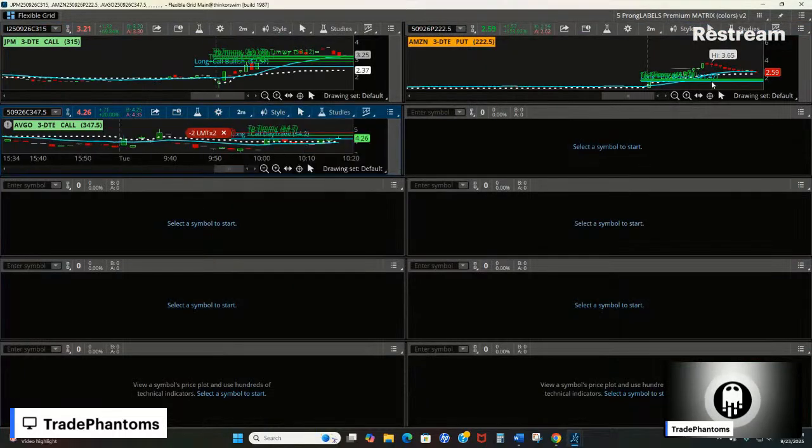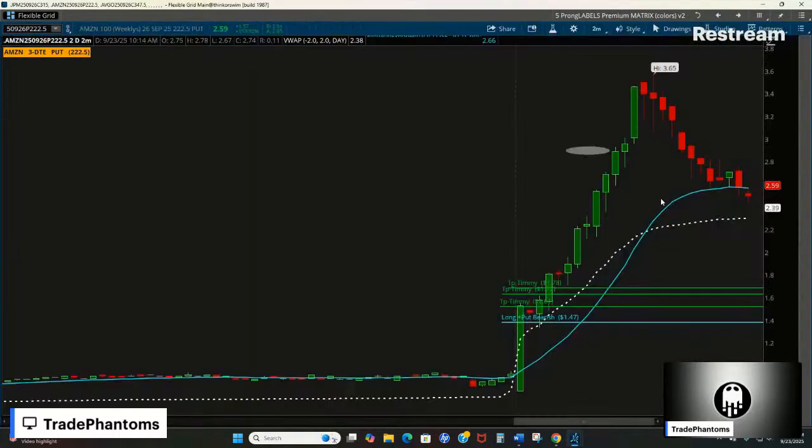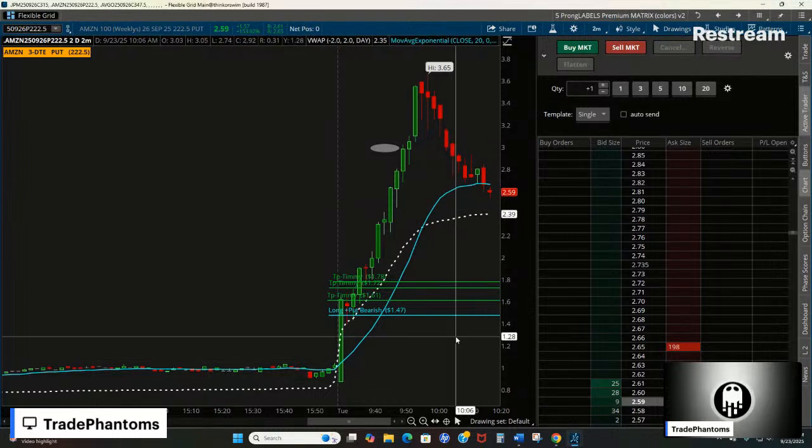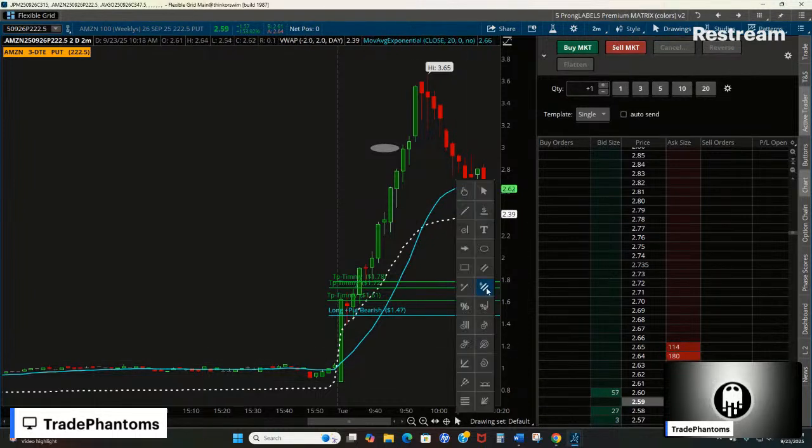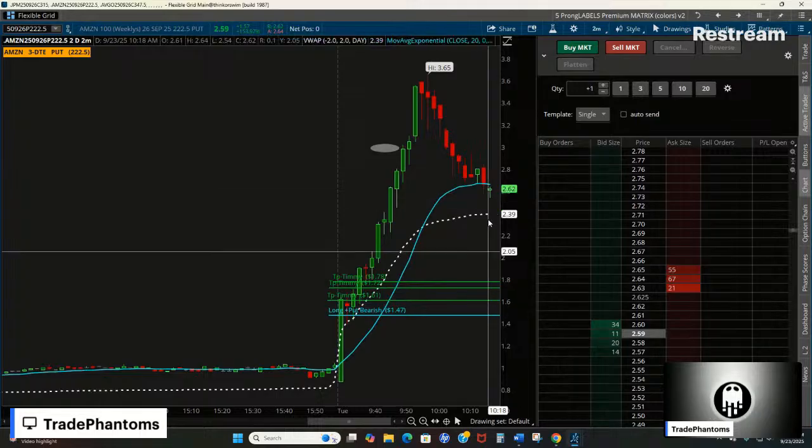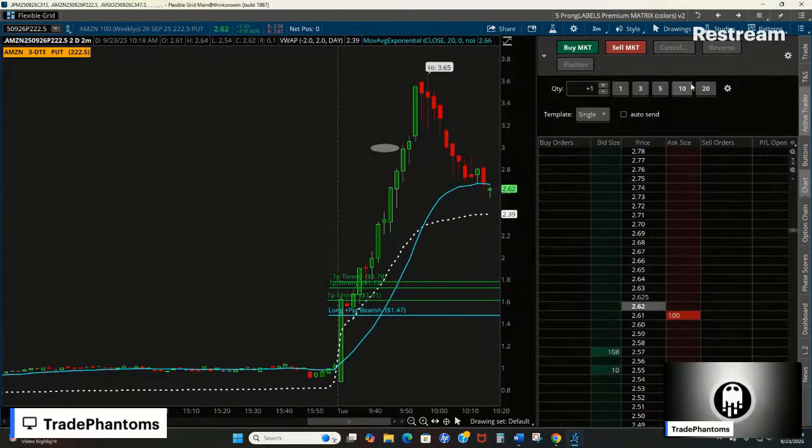I think Amazon got clipped. VWAP test. They can still continue to work on that if need be.